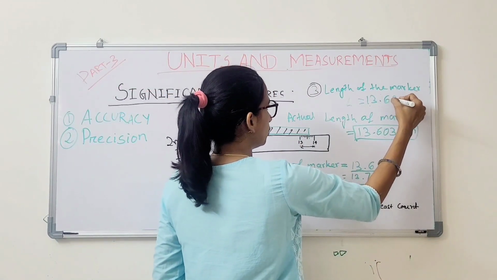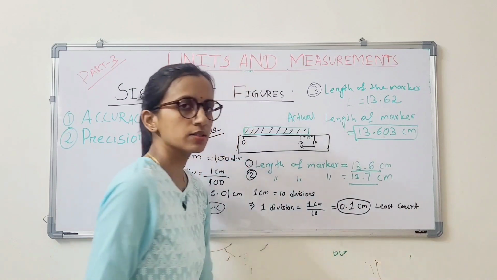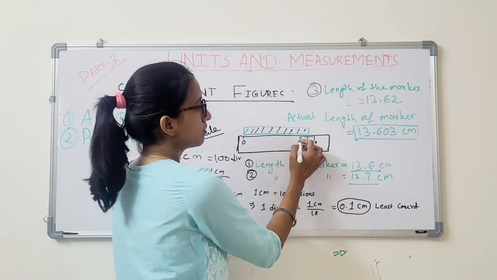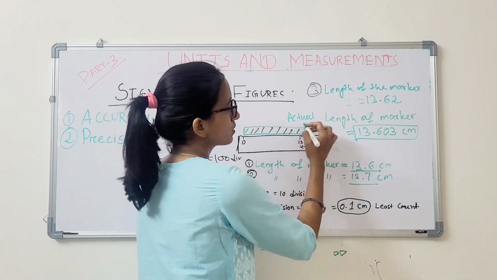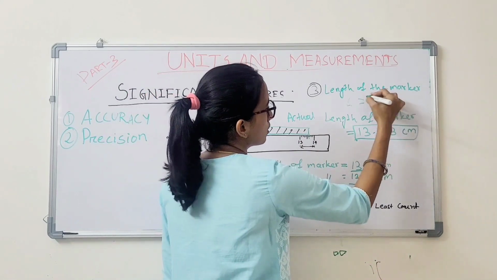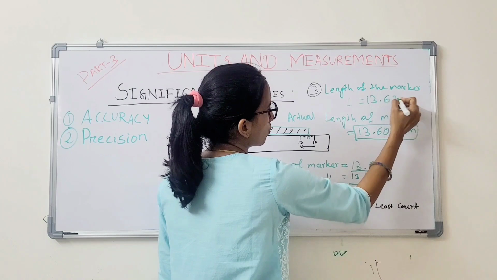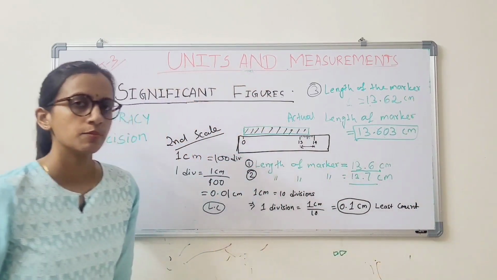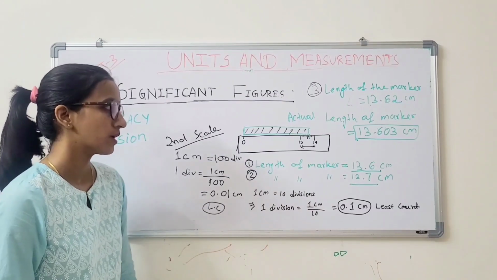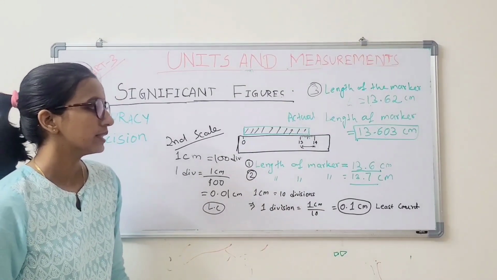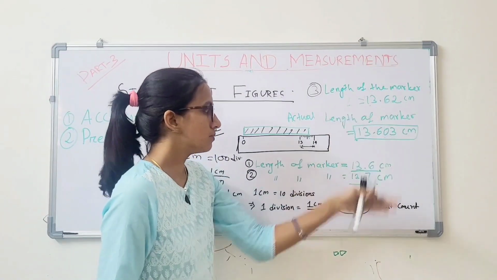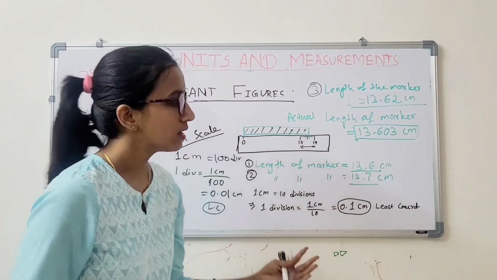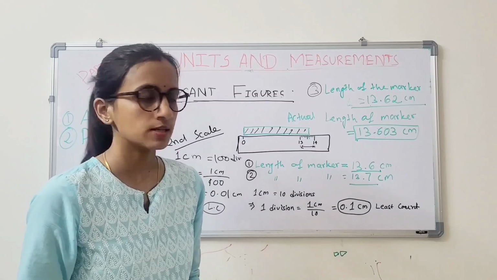After 13 centimeter it goes up to 62nd division. So she wrote that in her scale the length of the marker is 13.62. Okay. So these are the observations we got from different observers using different scales.